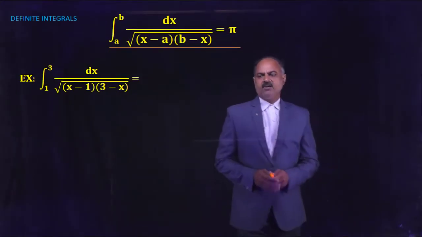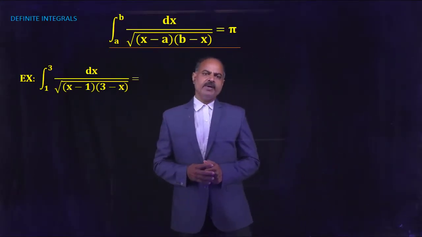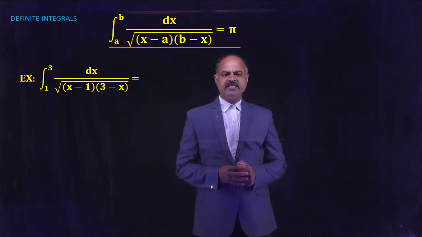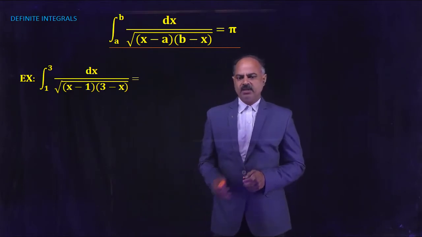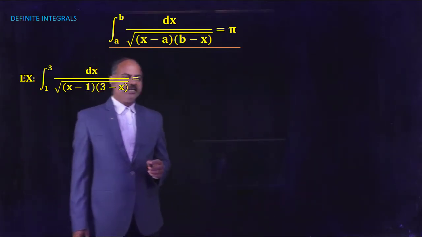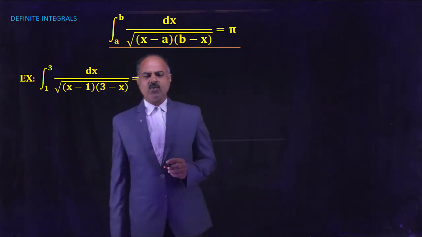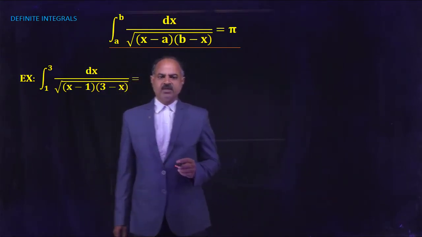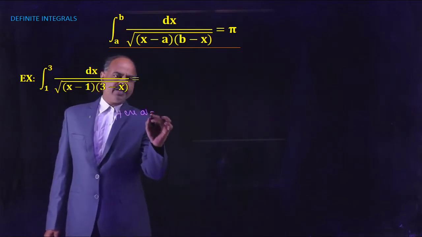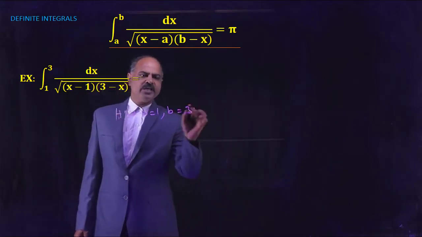Next shortcut formula: integral a to b dx by square root of (x minus a) into (b minus x) equals pi. Suppose for example, integral 1 to 3 dx by square root of (x minus 1) into (3 minus x). So here a equal to 1 and b equal to 3.